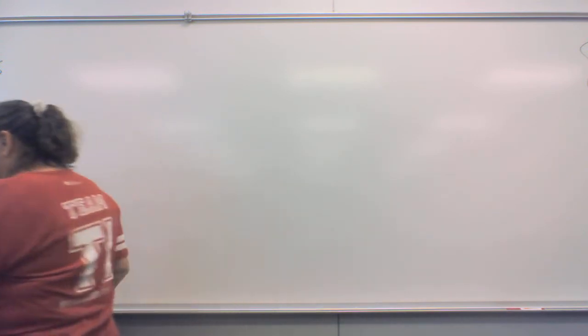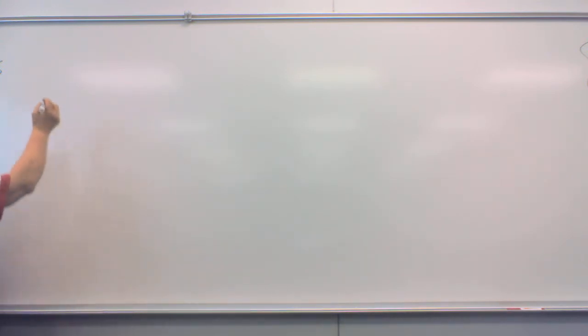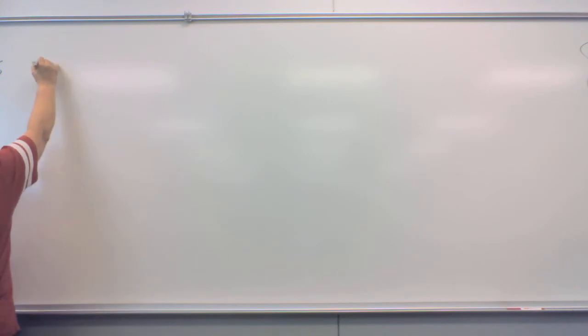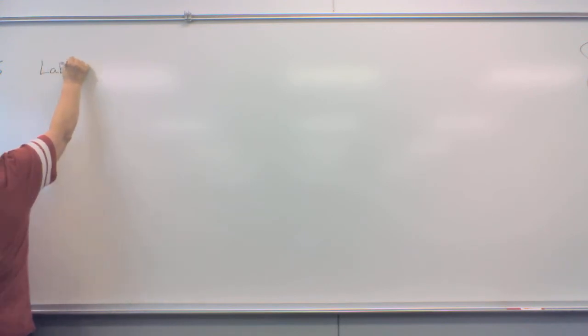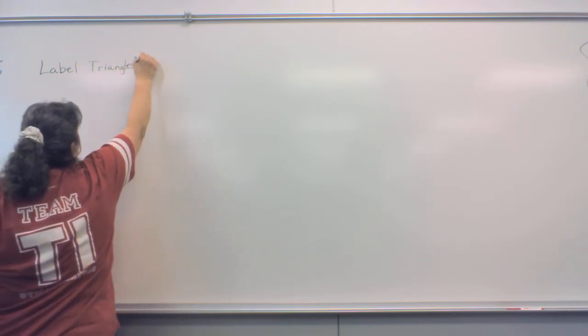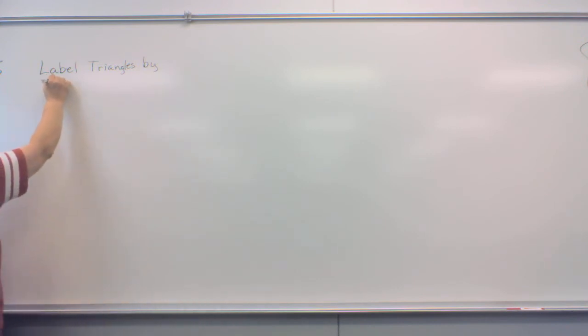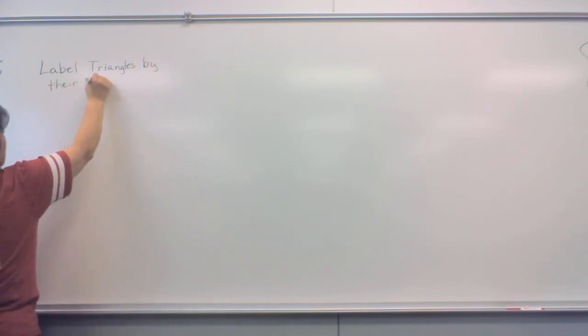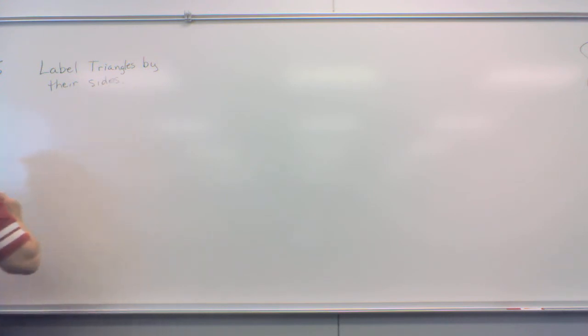Okay, so we're going to look at labeling triangles by their sides. The first one is an equilateral triangle, and I'm not a good artist, but in an equilateral triangle, all the sides are the same measure. And when you put the little marks like this on them, that indicates that they are the same measure.